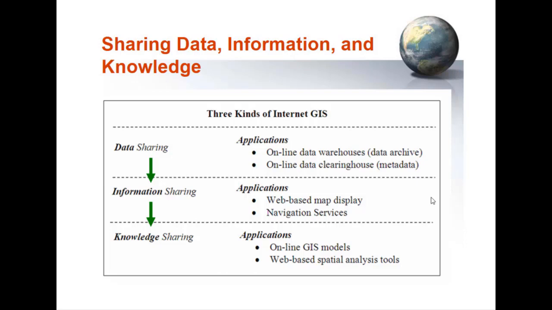If you have data, it will be relayed online through the Web GIS. So online data warehouse, it can be called data archive, and the online data clearinghouse, that is metadata. Then information sharing, so it is the web-based map display and navigation services. And in knowledge, you may have the online GIS models and web-based spatial analysis tools.